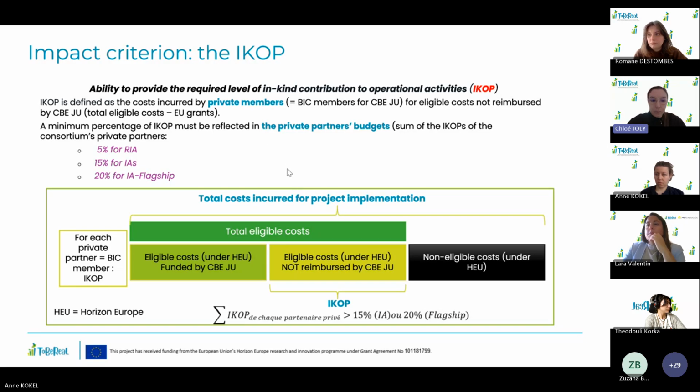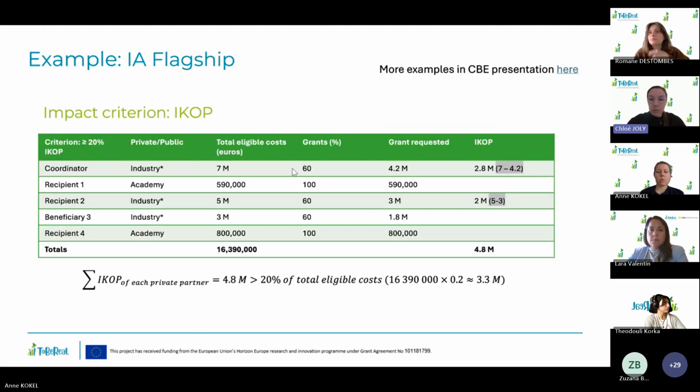You have an example. It can be quite complicated when you read this rule, but when applied and built in your budget, it's easier. We just have shown the example for an innovation action flagship, but CBE details for each type of funding area, IA demo, some examples for you to understand.